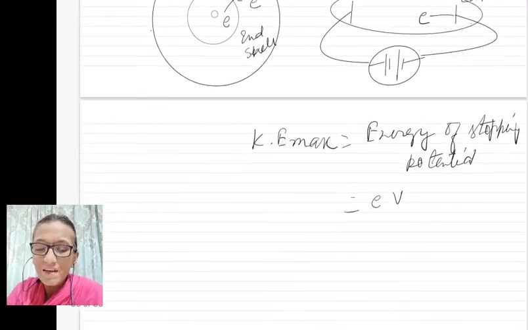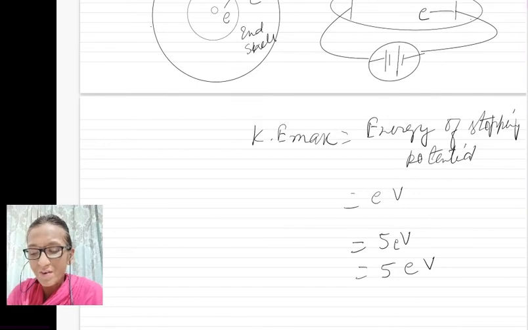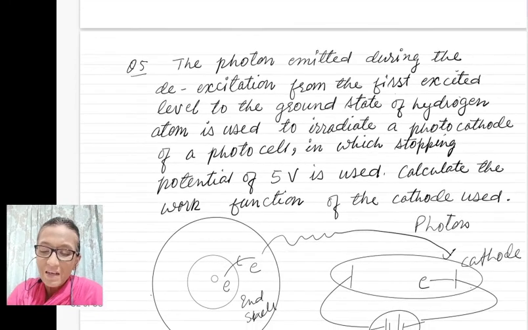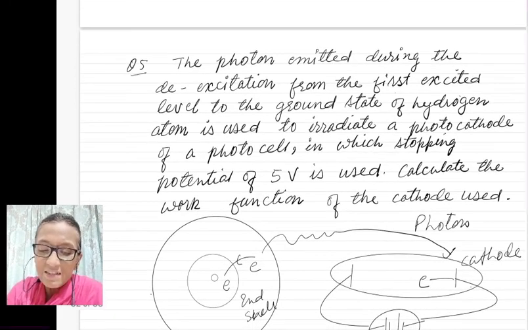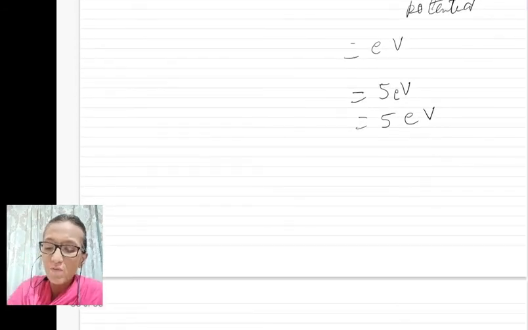V is given as 5 volt. So this is 5 volt into e. So this is your 5 electron volt. In electron volt, kinetic energy max is your 5 electron volt. Now, it is de-excited from the first excited state to the ground state. So what will be the energy of that photon?